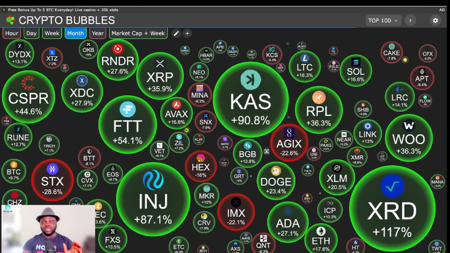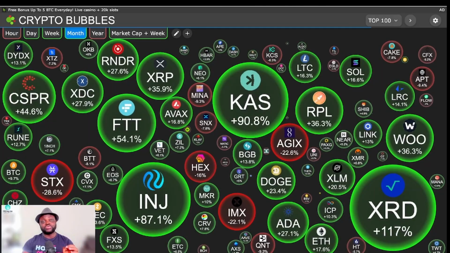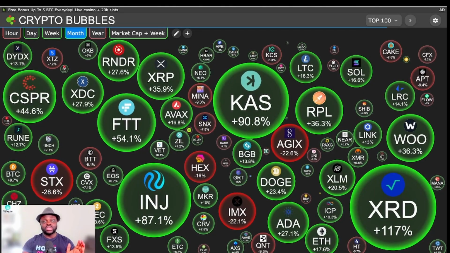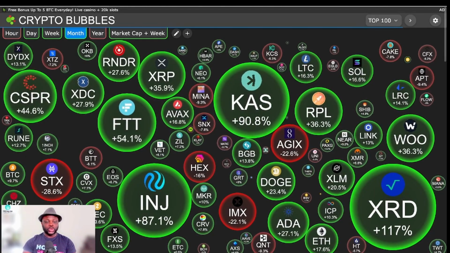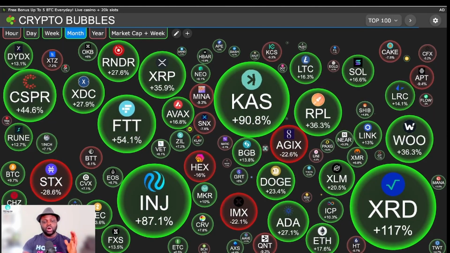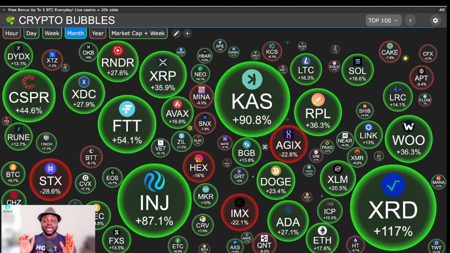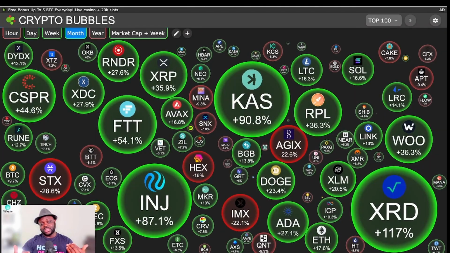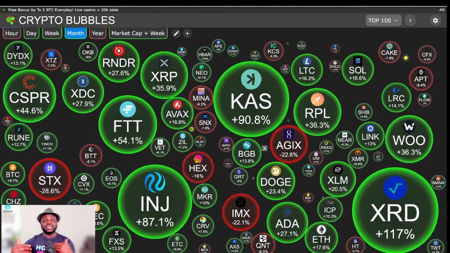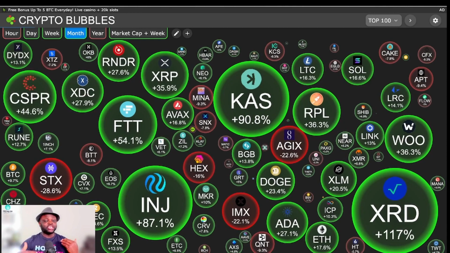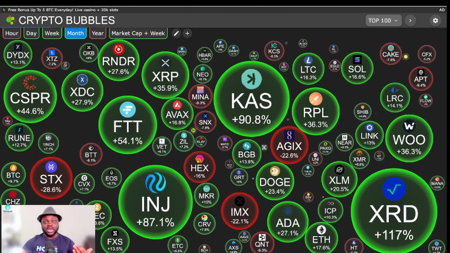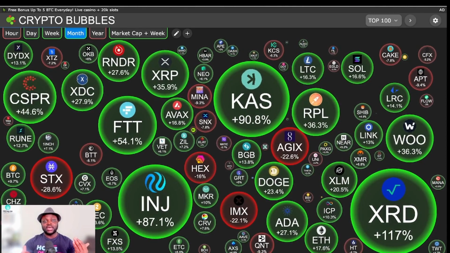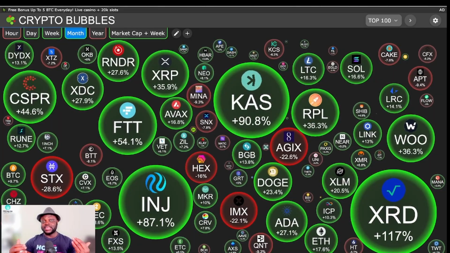If they still have an active community who support the project, if they have been delivering what they promised, then it will pump as well. Make sure you do all of that. But I love to look at the top 100 because with the top 100, I believe there's high liquidity and I can trade this on different platforms like Bybit, OKX, KuCoin against USDT.